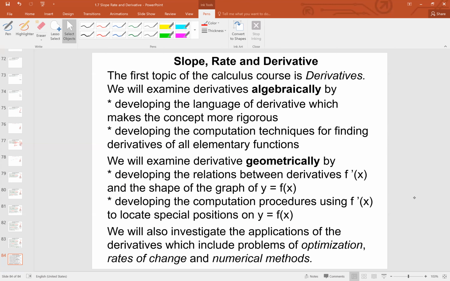And so, what does the derivative tell us geometrically about the function itself?